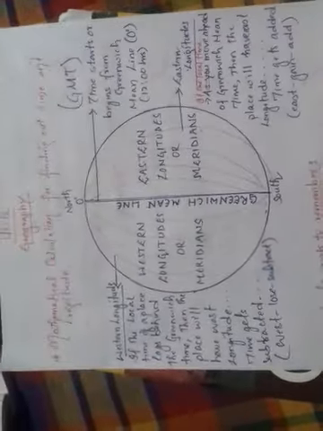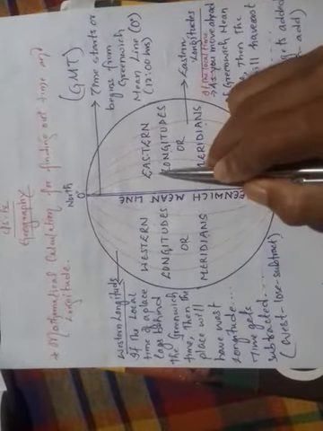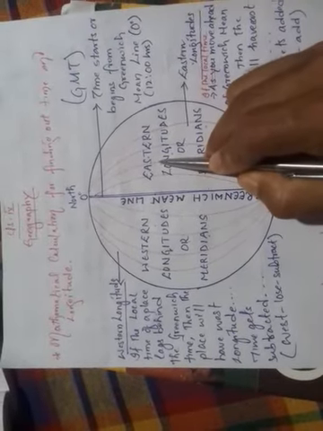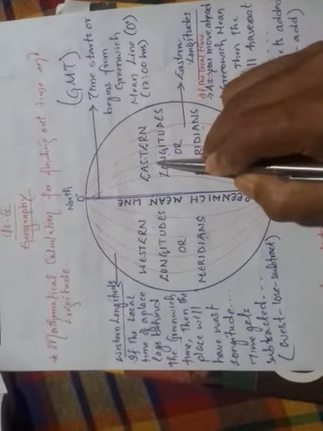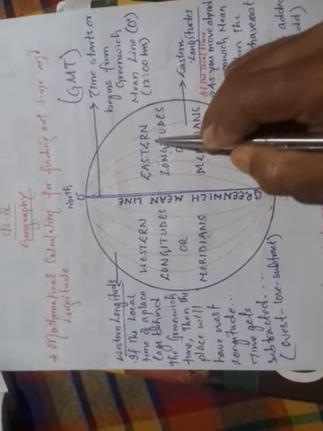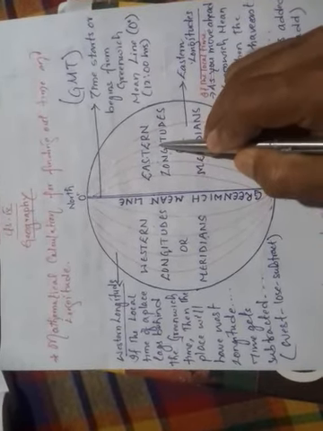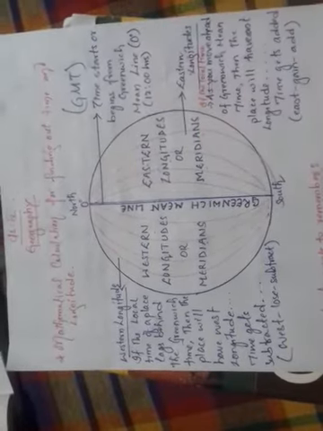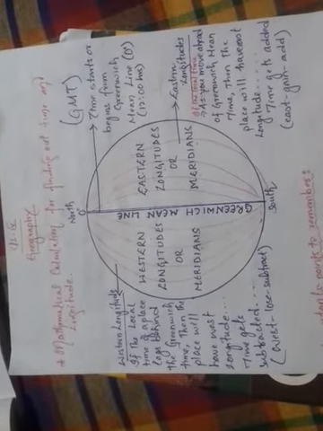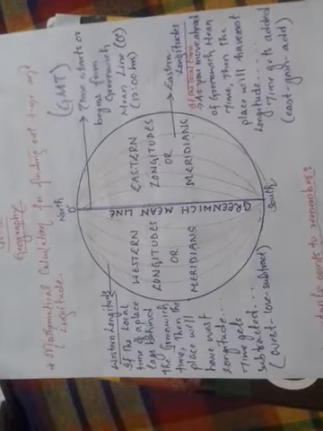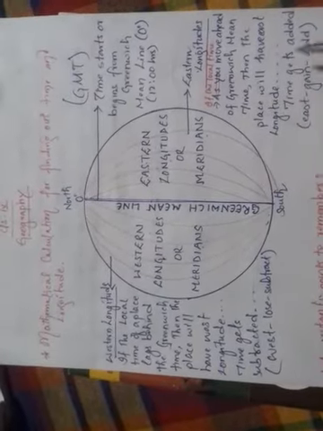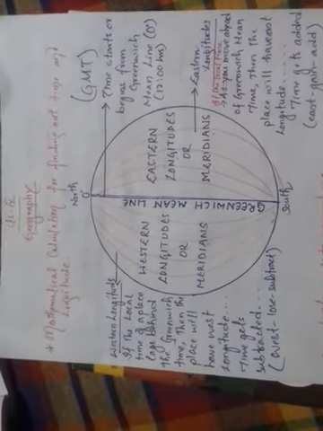Now, as we move on to the eastern longitudes from the Greenwich Mean Line, the time gets added. You may have heard that the IST, Indian Standard Time of India, is 5 hours 30 minutes plus.